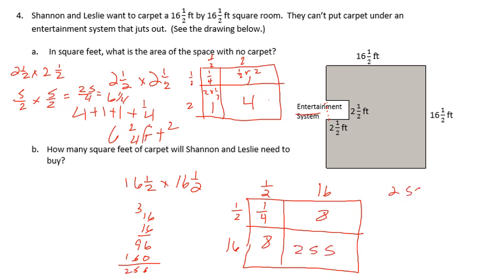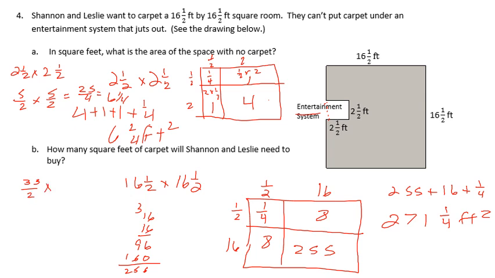Placeholder, 6 and 1 is 6, 15. 256. So now I have 256 plus 8 and 8 is 16, plus 1/4. So when I add the 256 and 16, it's going to be 272, 272 1/4 feet squared. Now let's check that out real quick.